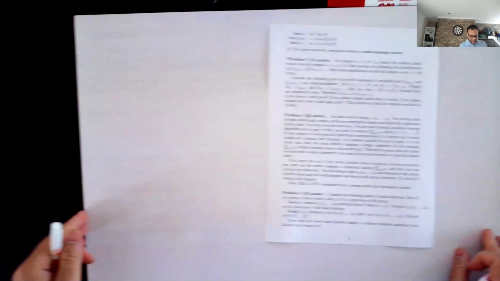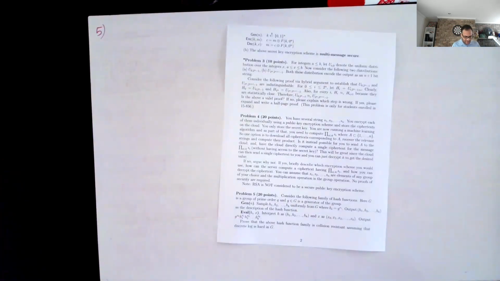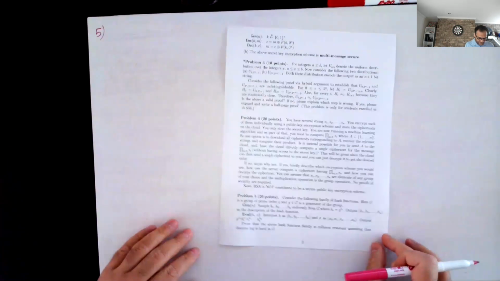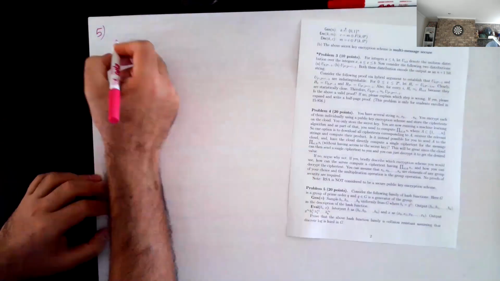So now let's look at problem 5. Problem 5 is about designing a collision-resistant hash function family. The description of the hash function is something like the following.